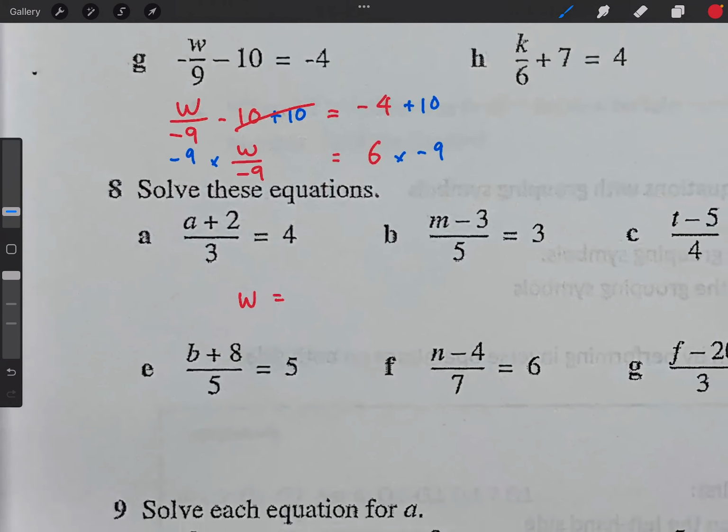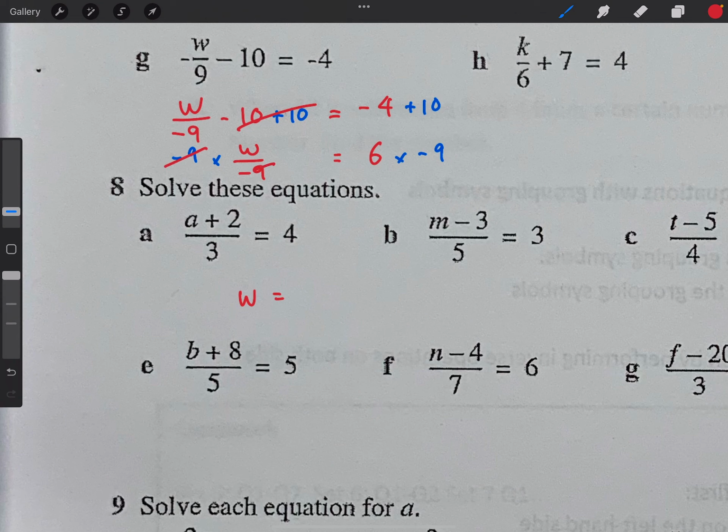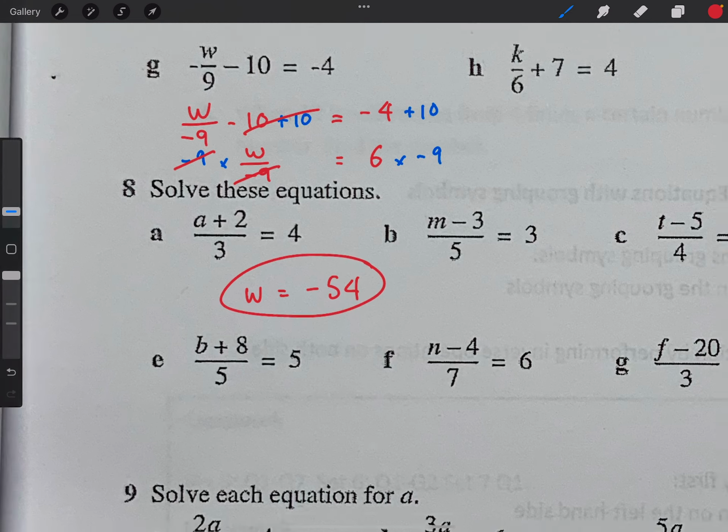And what does that give us? When you times it by minus 9, that cancels out, and you're left with w on the left hand side of the equation. On the right hand side you've got 6 times minus 9, and that will give us minus 54, and that is the answer.